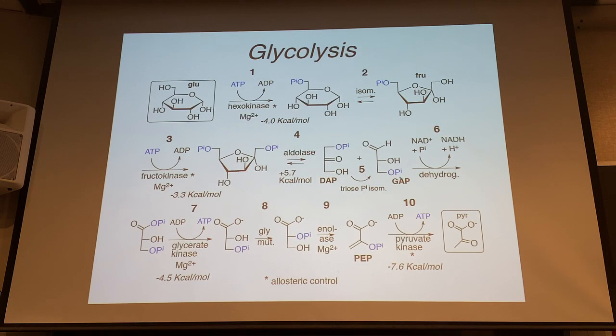Notice DAP is converted into GAP. So for each molecule of glucose, you generate 2 GAPs, okay? So from here on, it's doubled the whole pathway. And then we oxidize to the glycerate, which is a carboxylic acid anhydride with phosphate on it. We can then transfer that phosphate to ADP and make a molecule of ATP.